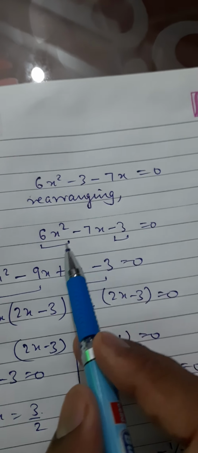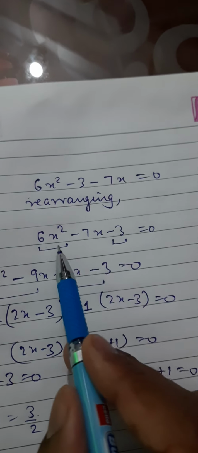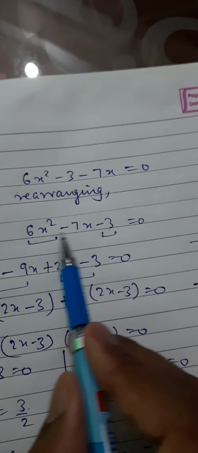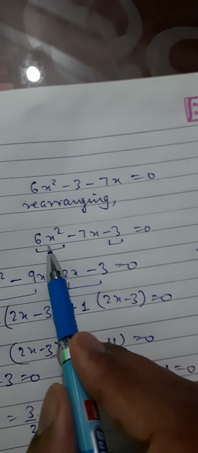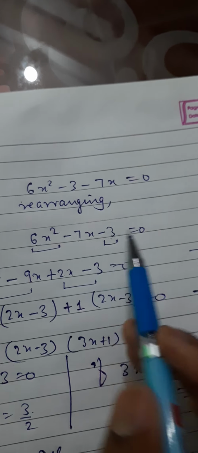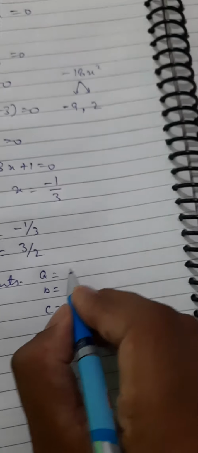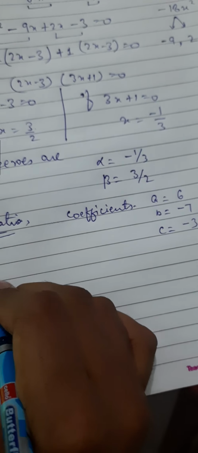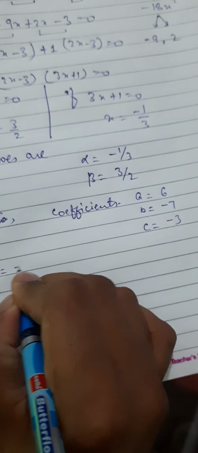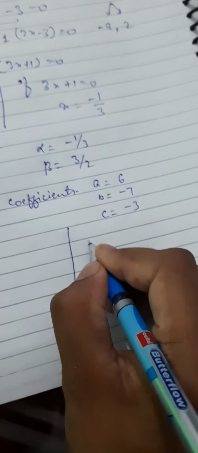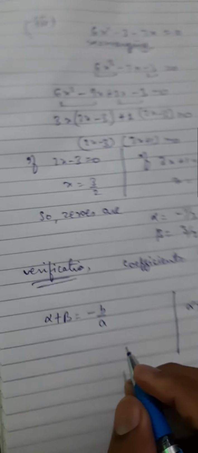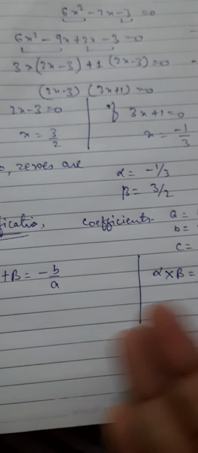Okay, after rearranging what came, it is in proper form, so we will see A, B and C: x square, x and then the constant term. 6, minus 7, minus 3. Alright, now we will take alpha plus beta equals minus b upon a, and alpha into beta equals c upon a. Now we have to put only values.